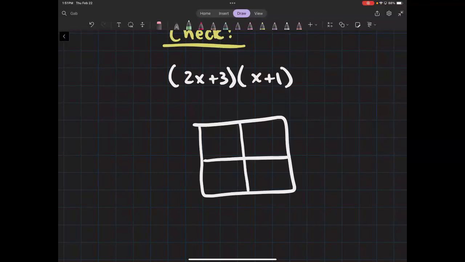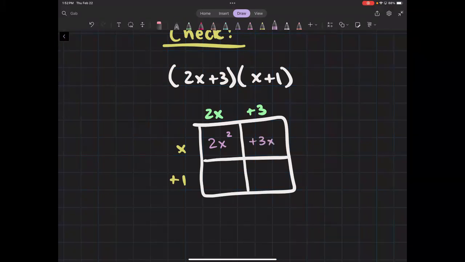This time, this box method is like 2x and plus 3 right here. And then x plus 1. So that very first box, what goes inside? 2x squared. And then the one to the right of it, 3x.